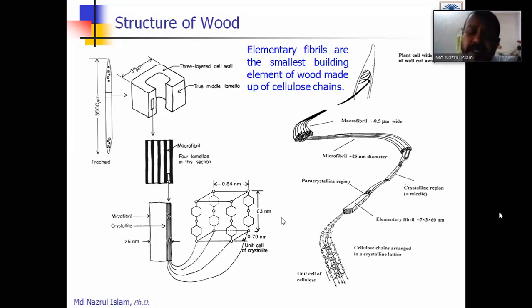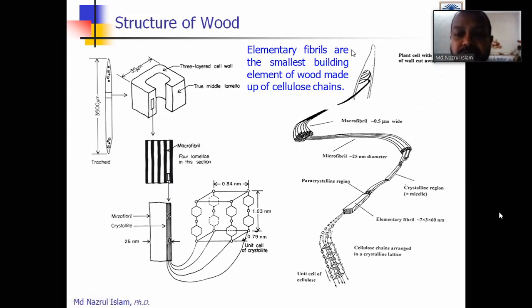So you will see the gradual progress. First we say glucose unit, that glucose unit makes the cellulose chain, that cellulose chain makes the microfibril, that microfibril makes the macrofibril, and that macrofibril makes the lamella. So that is how we are saying it gradually.